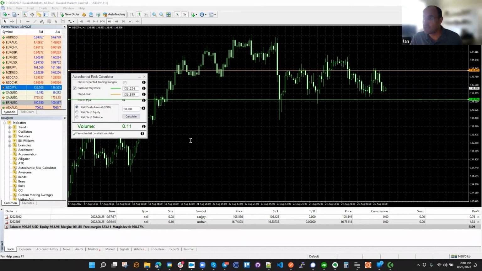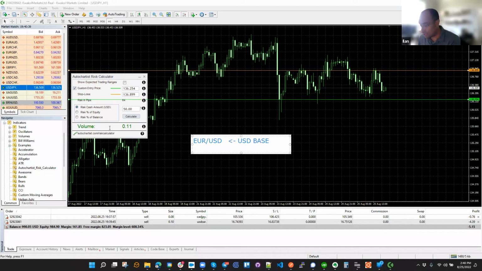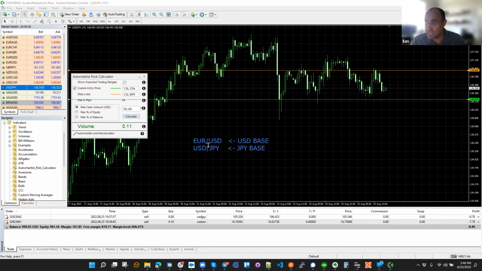don't get confused between things like Euro USD. This has a USD base, but things like USD JPY, this is a JPY base, which means that it's not $1 a pip, right? Just because it's got USD in the name doesn't mean it's $1 a pip, right? It's actually like 80 cents a pip or something like this, right?